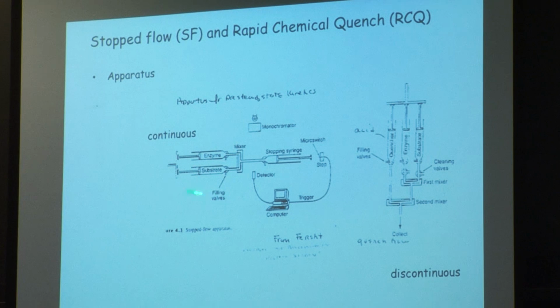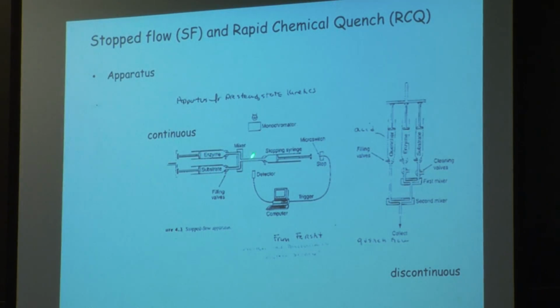You put two different things in your syringes, and then an instrument pushes the two syringes into a chamber where they're mixed. Do you know what the rate limiting step in this process is? It's the mixing process. Okay, so the mixing process is a 2 millisecond dead time.